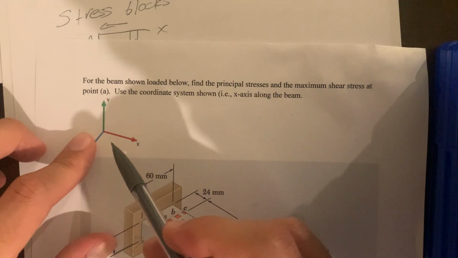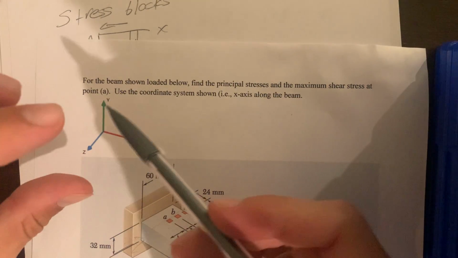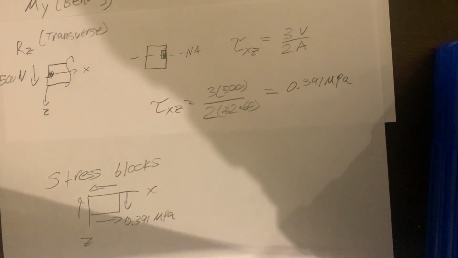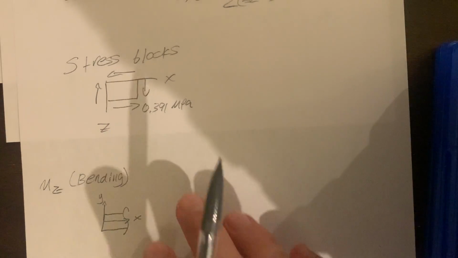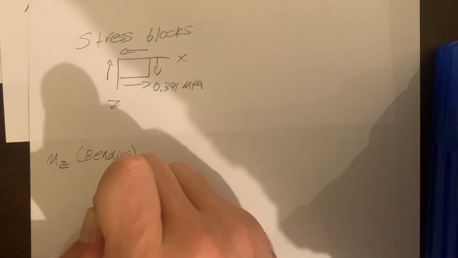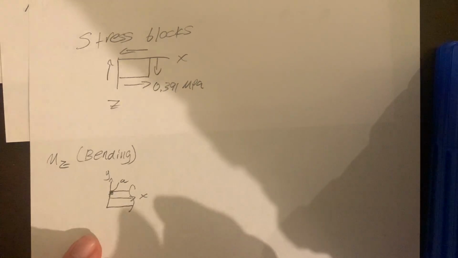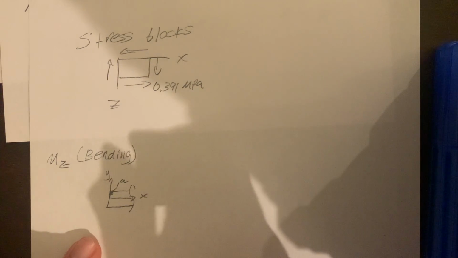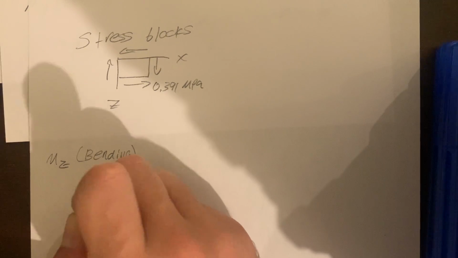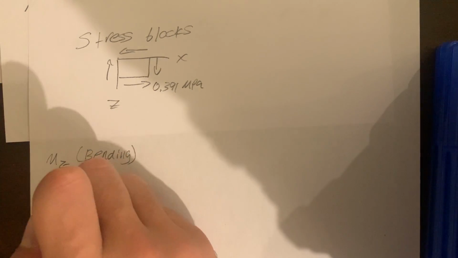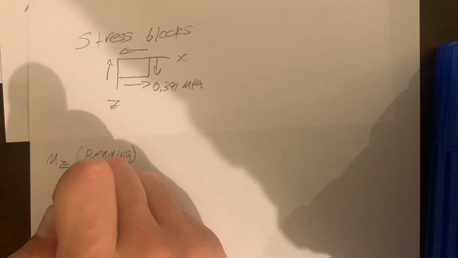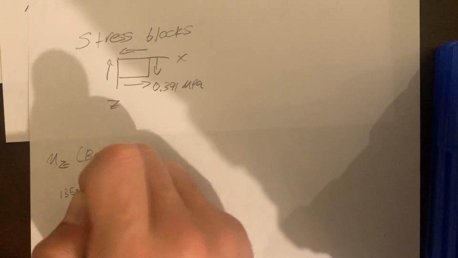So if it's happening on the z, we're gonna be looking at it towards the y-axis to see what is happening. And that point would actually be up here in this case. So this is A right there. And we are having a torsional force of 135 times 10 to the third newtons.